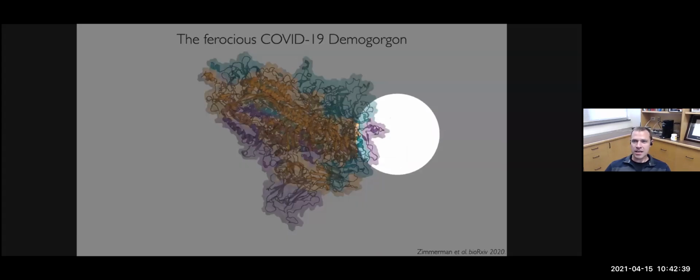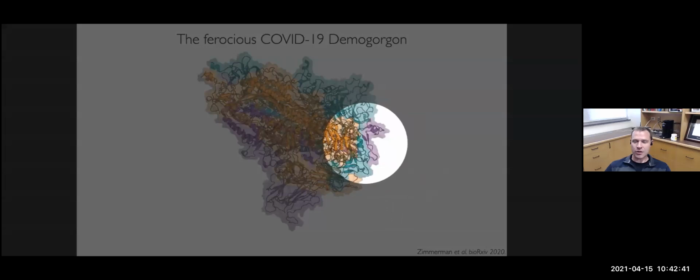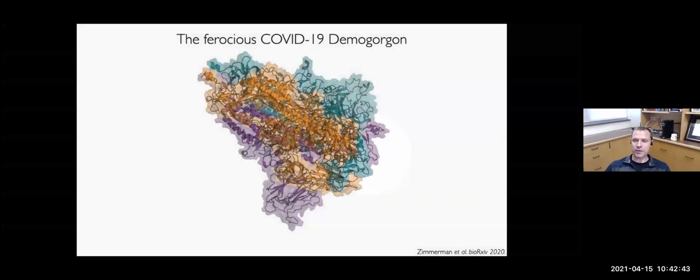And because of this symmetry at this end, when we were envisioning this before having any data on what opening looked like, we were envisioning it like the opening of the mouth of one of these demogorgon monsters from the television show Stranger Things. So we've taken to calling this thing the COVID-19 demogorgon.